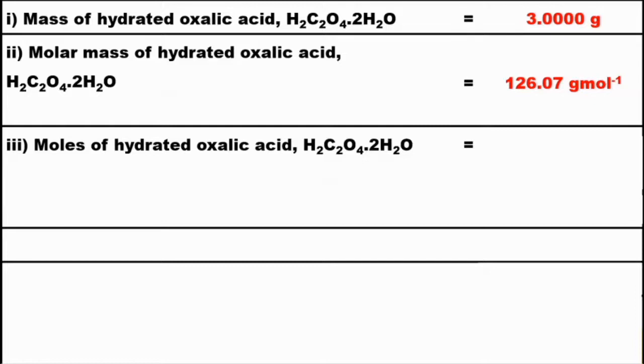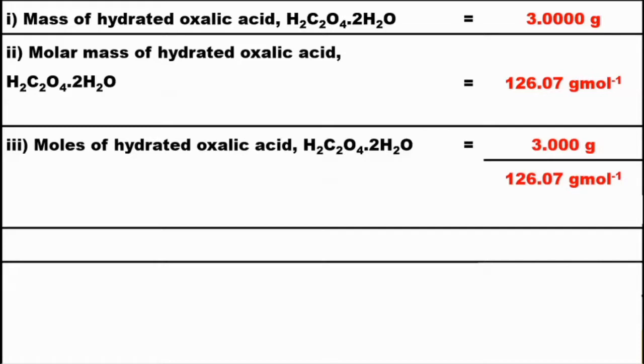Next we are going to determine the moles of hydrated oxalic acid. In this case, we want to know in these 3.0000 grams of hydrated oxalic acid, how many moles are there. How to calculate these moles? Mass of hydrated oxalic acid divided by molar mass of hydrated oxalic acid.